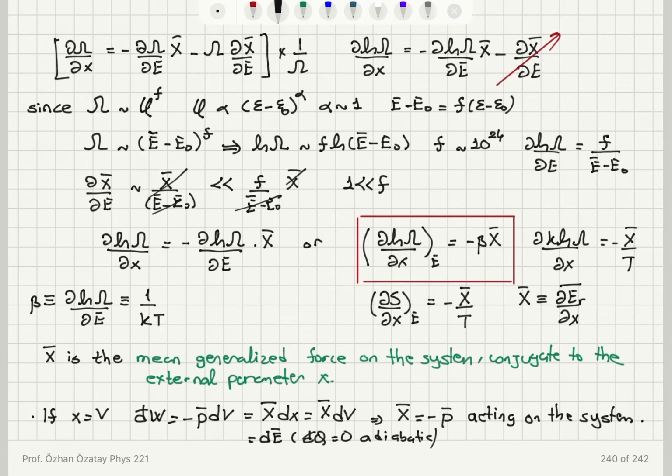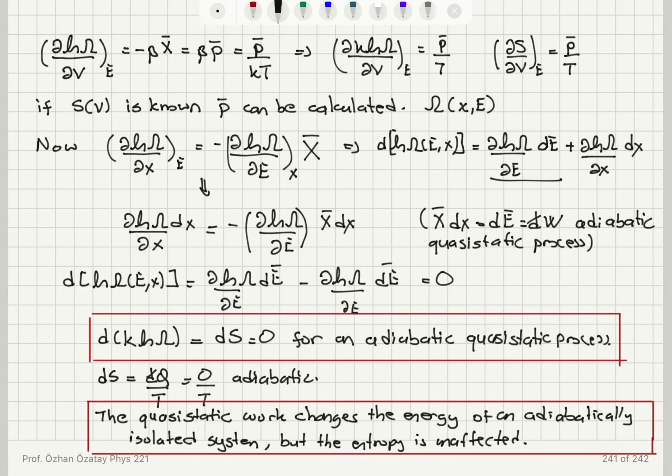In that case, it is equal to dE bar. So the mean generalized force acting on the system is minus the pressure applied by the system, minus the mean pressure. And we have shown for this case the derivative of entropy with respect to volume would be equal to mean pressure divided by temperature.